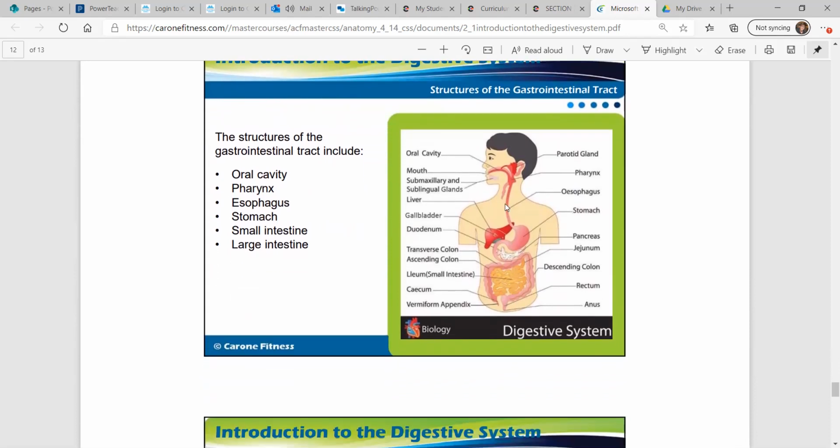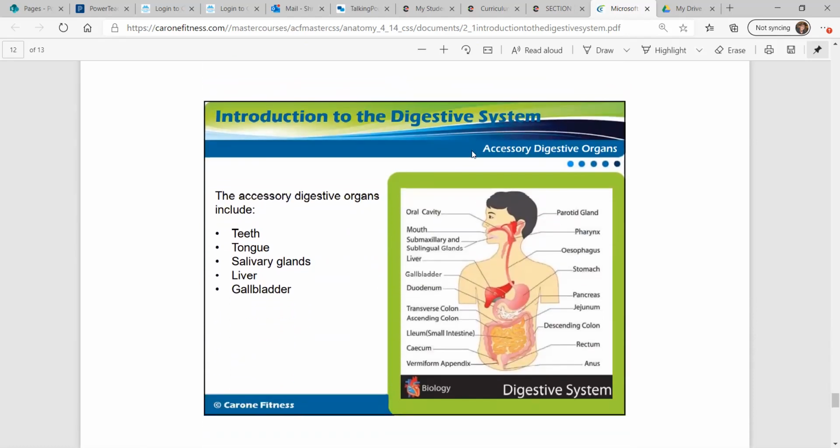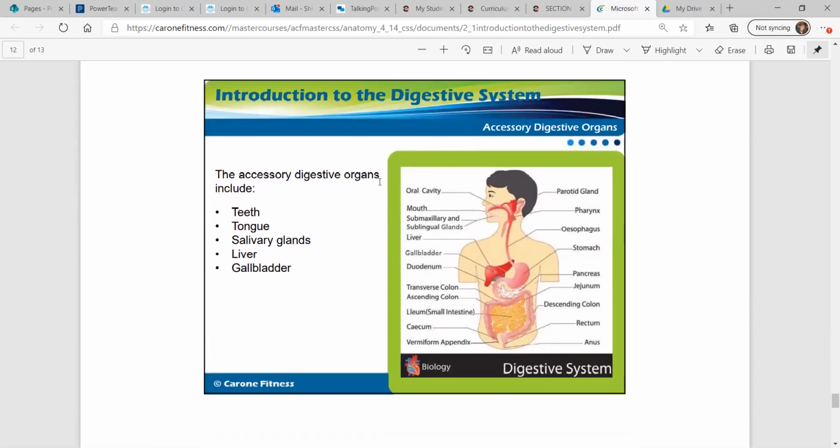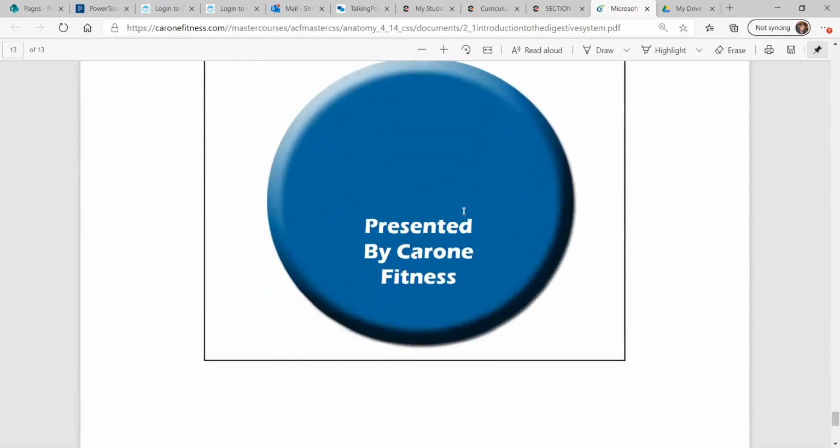That's all the GI tract. And then the organs that help are the teeth, the tongue, salivary glands, liver, and the gallbladder. And we'll learn more about that in the next lesson.